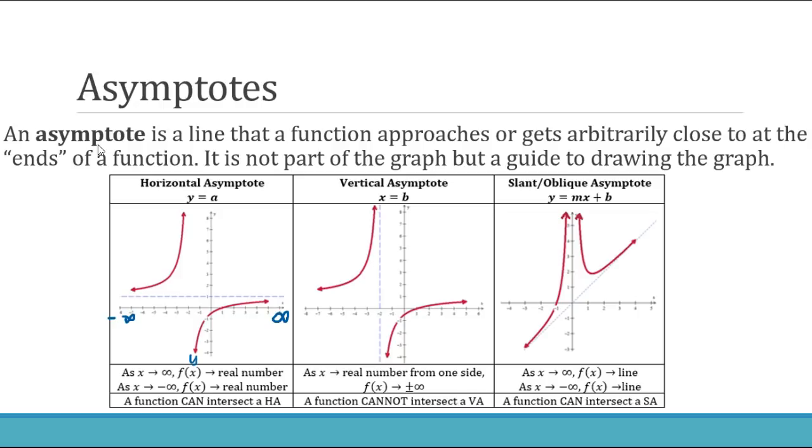A vertical asymptote is of the form x equals b. A vertical line is x equals. So here it is, a dotted vertical line at the x value -2 in this image.